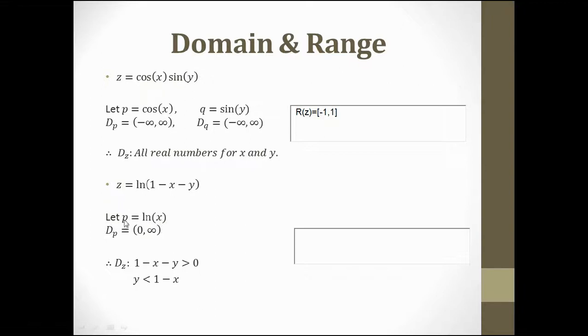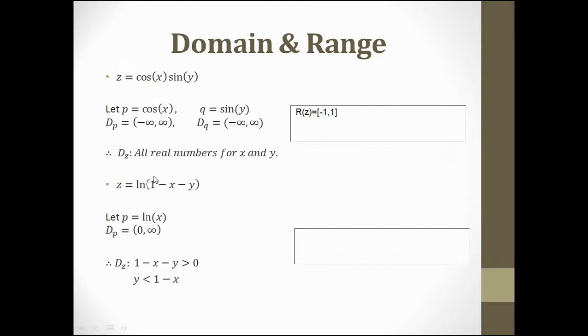So we know that the domain for this function is between 0 and infinity. So in essence, we could say that anything that's inside this ln function must be greater than 0, right?